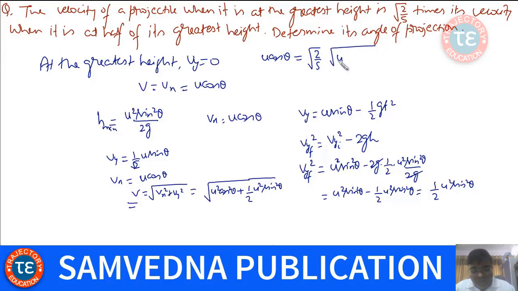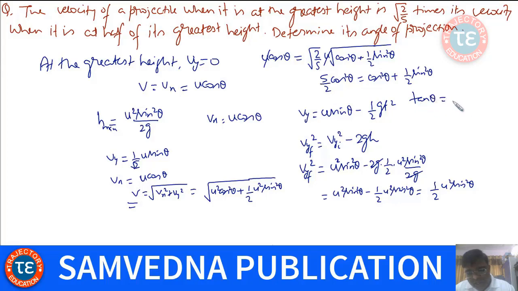That is, the velocity at half of the greatest height is going to be, you can take u outside, cos square theta and 1 by 2 sin square theta, so this u will cancel out, and if I square both sides, this will be 5 by 2 cos square theta, equals 1 by 2 sin square theta, or I can say this will be 3 by 2 cos square theta, or tan theta is root 3. Alright, so theta will be 60 degree.